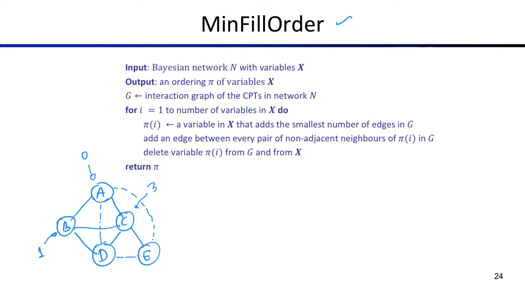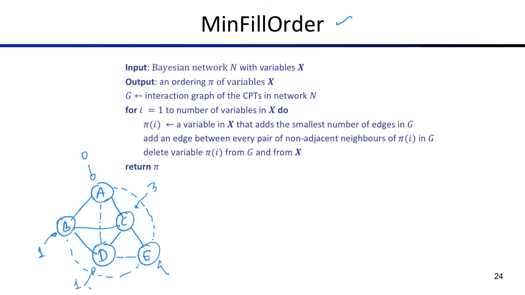If we eliminate D, well, D is connected with B, C, and E, and as I eliminate D, we will need to connect B and E together because they are not connected. So in this case here, it's going to be 1. And for E, I do not need to create any fill-in edges because E is only connected to C. When I eliminate E, there is no need to connect anyone.